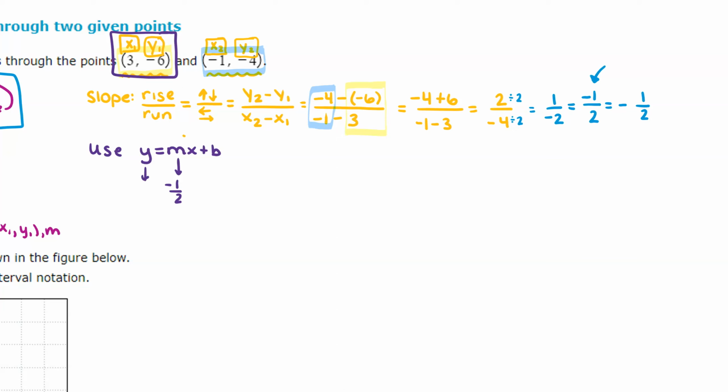So my y will be replaced with -6, and my x will be replaced with 3, and then I have plus b. So -6 equals -3/2 plus b. And to get the 3/2 onto the other side, I'm going to have to plus 3/2.